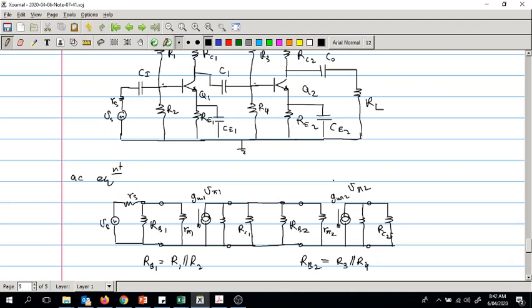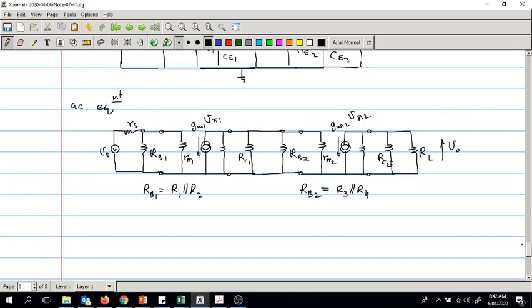There is something more, right? Oh, I have forgotten to label this. This is our V out. That indicates that RL has to be here, and we get the output across this V out. I think the entire circuit is now completed.